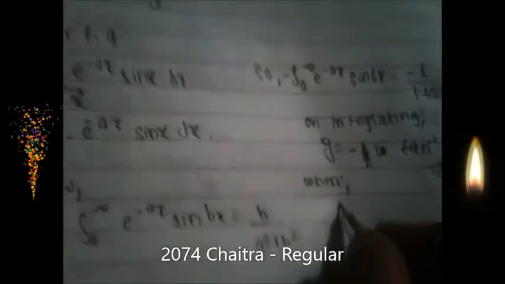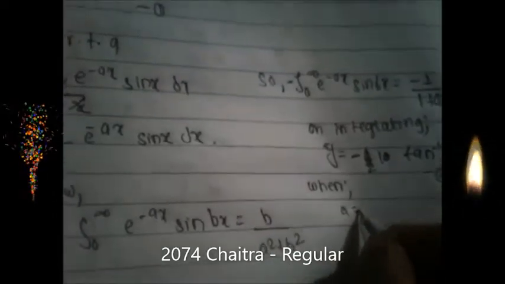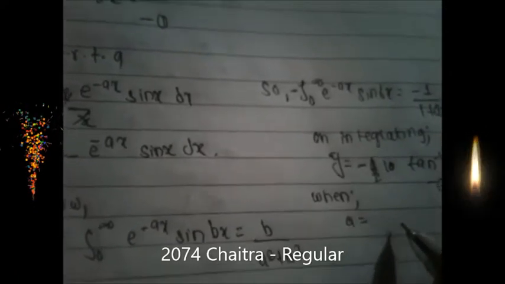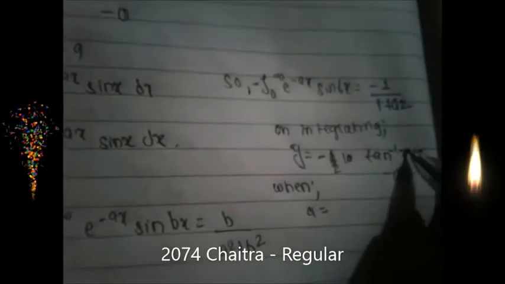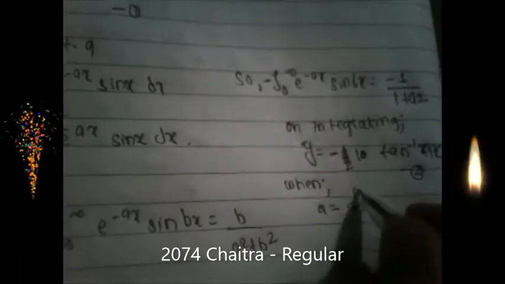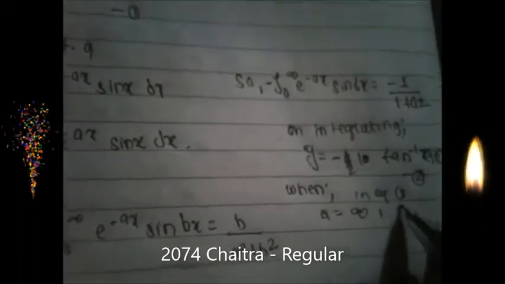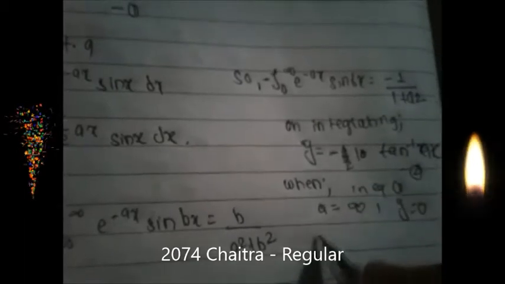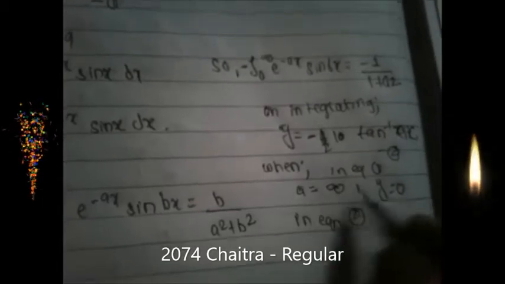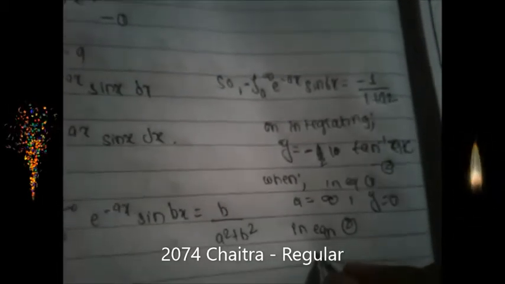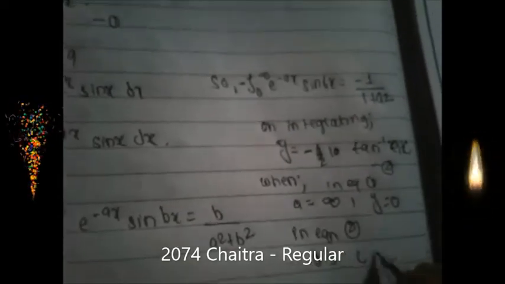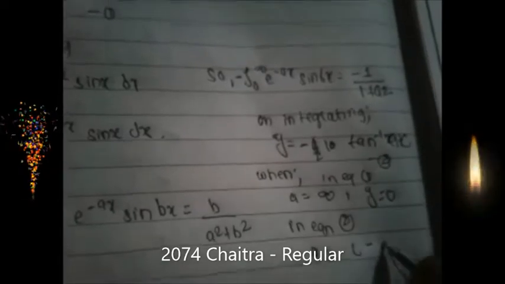When a is equal to infinity, in equation 1 we get y equal to 0, and in equation 2 there is tan inverse a, so we get y as 0, y is equal to c minus tan inverse of infinity, which is pi by 2.